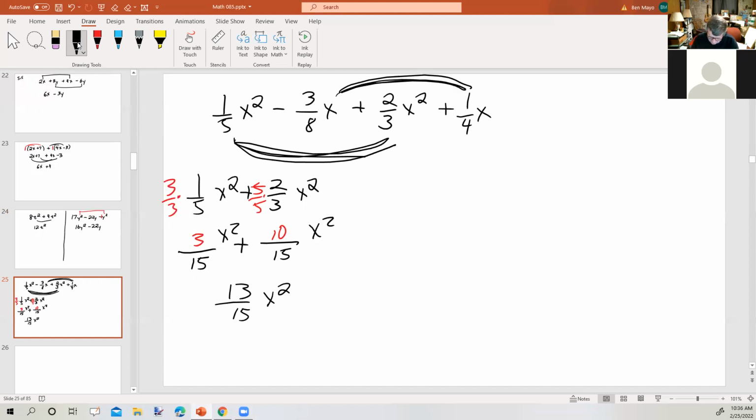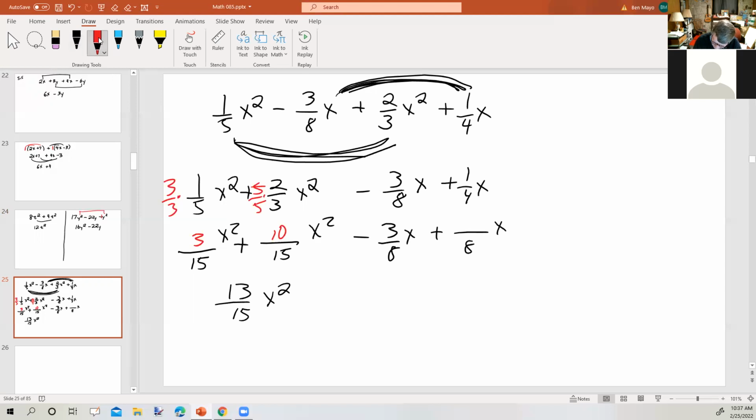Okay, now continuing on, we have minus 3/8 x plus 1/4 x. Here the least common denominator of 8 and 4 is 8. If it ain't broke, don't fix it. If it is broke, fix it. So we're going to take 1/4 and multiply it by 2/2 to get 2/8.